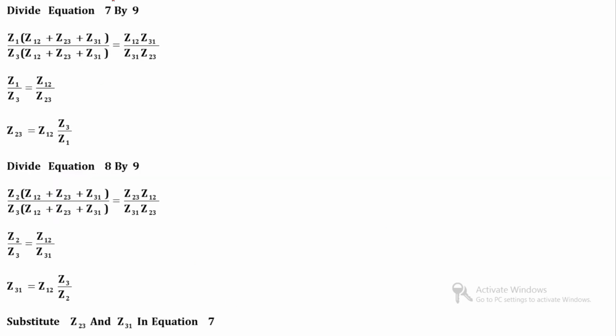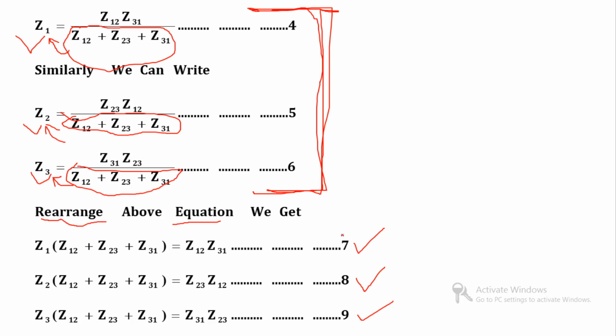So divide equation 7 by equation 9. If you divide 7 by 9, then the addition of all three impedances will be cancelled out, and Z31 will also cancel out.